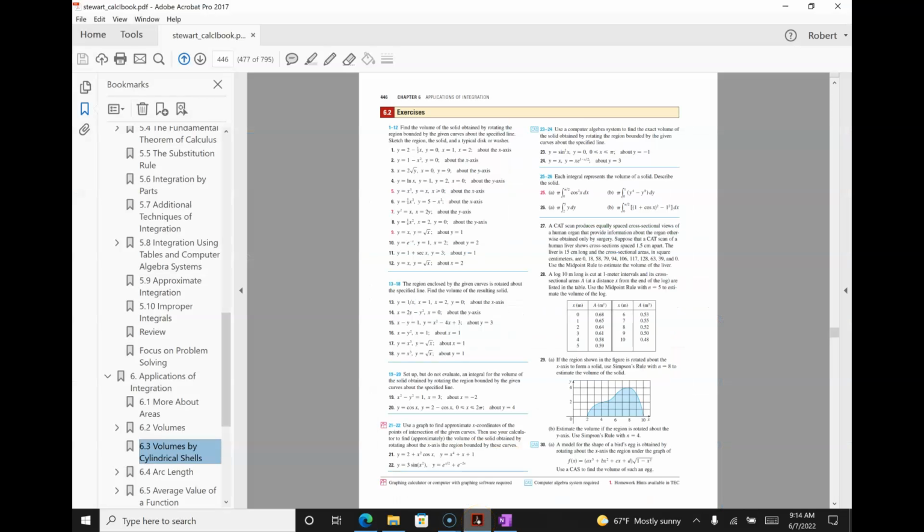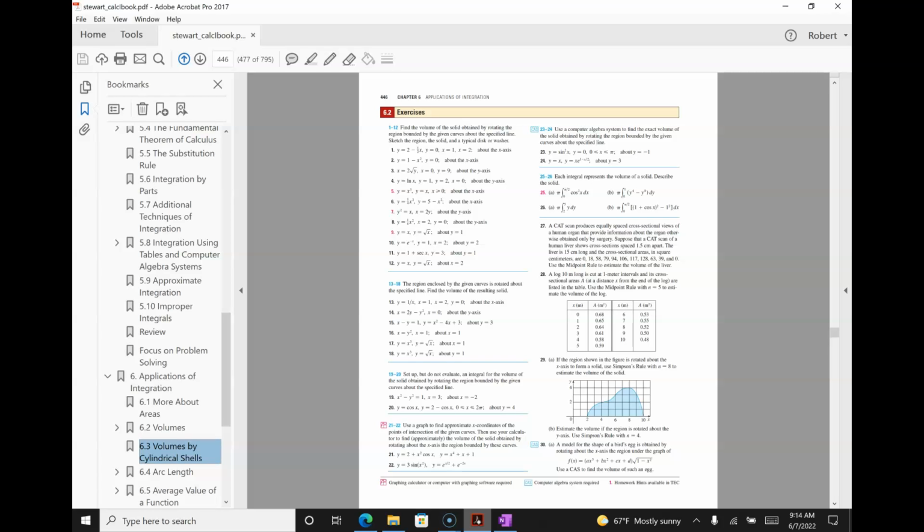Cool. Let's do another one. So as I start moving, things get a little bit trickier. Let's do 17. So I have y equals x cubed, right? Square root of x.